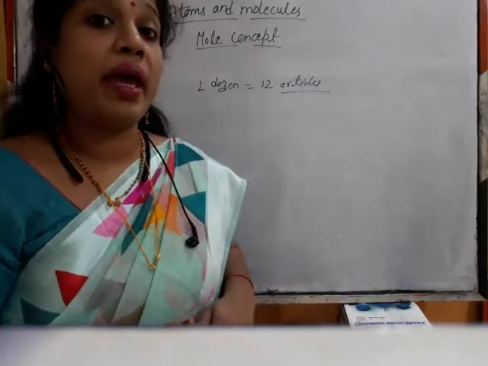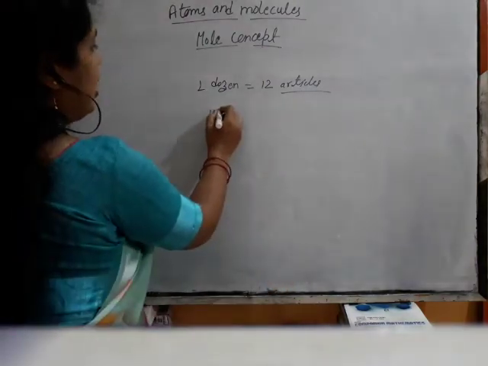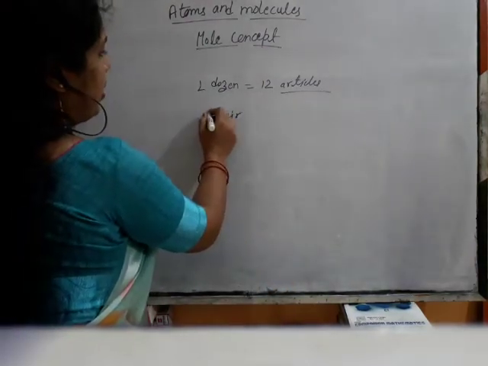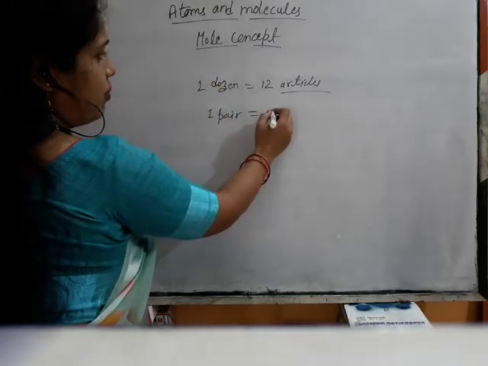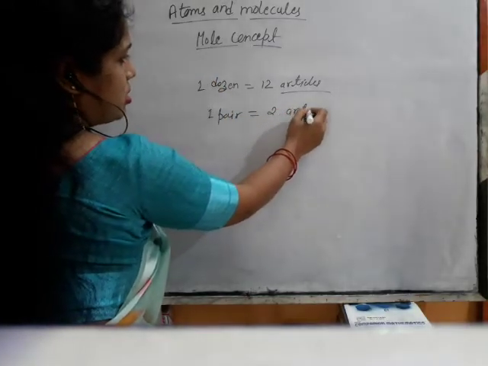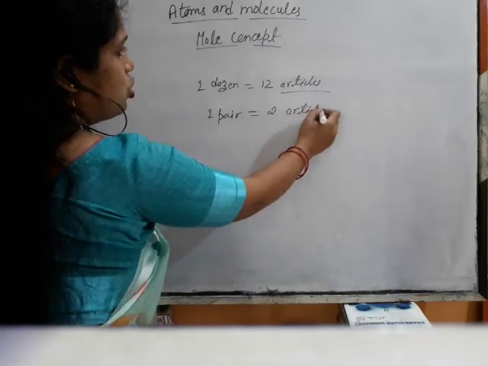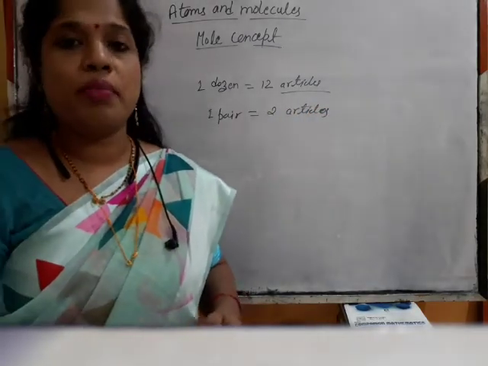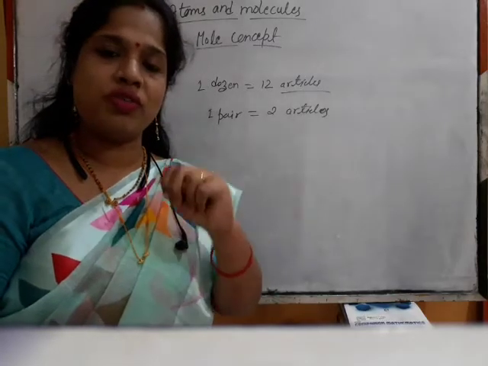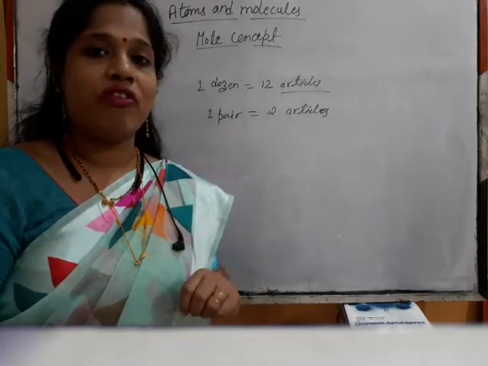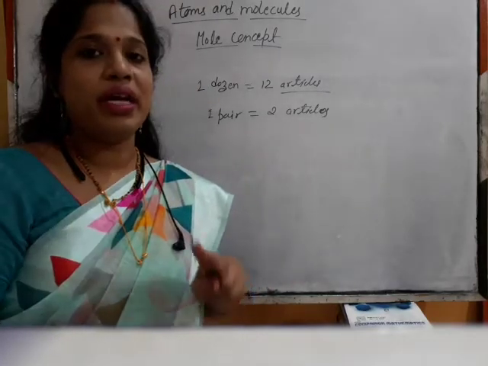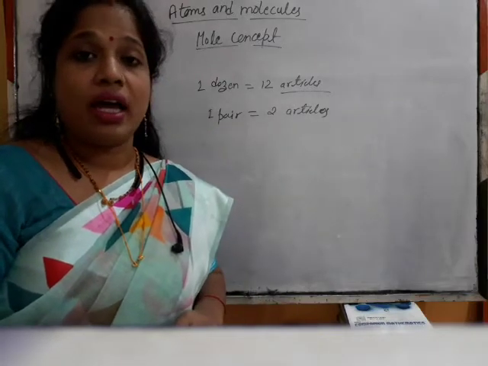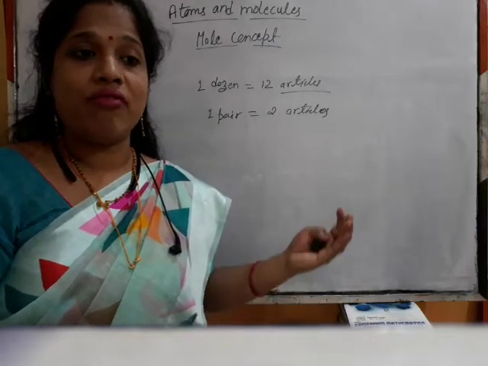Now if we say 1 pair, that means 2 articles. If we say 1 pair of shoes, how many shoes will there be? 2. If we say 1 pair of markers, that means you will have 2 markers.